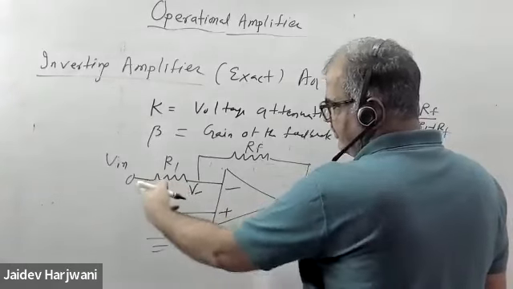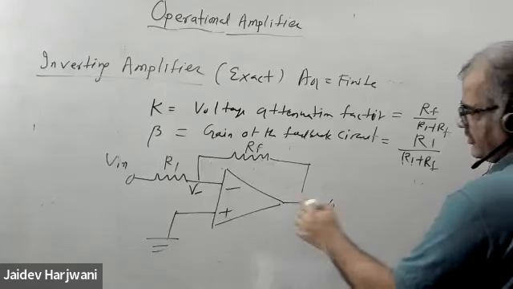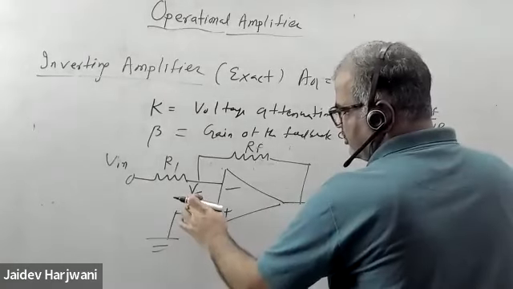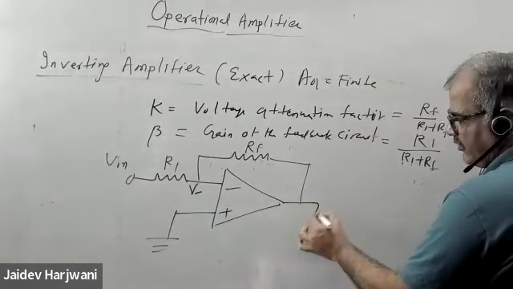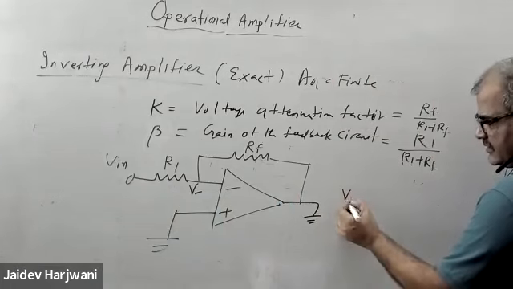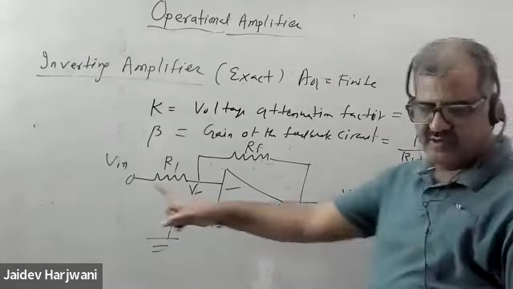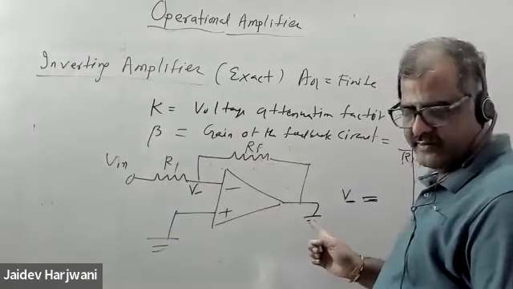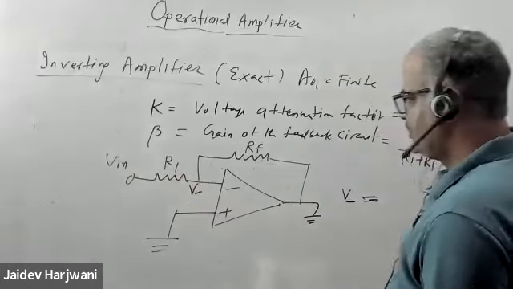If I want to calculate the contribution of V input at V minus, I can make the other source ground, like the superposition principle. If I want to see the effect of one source, the other I have to ground. So how much voltage will come due to this V input?